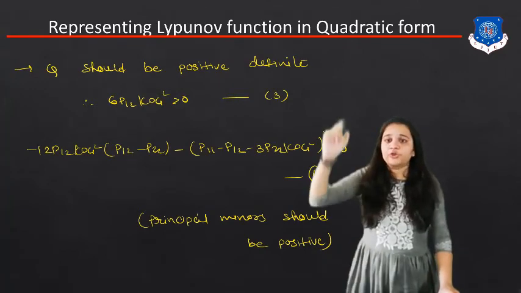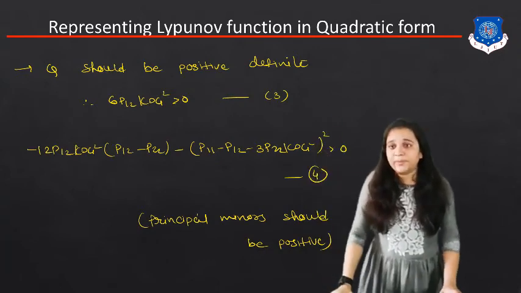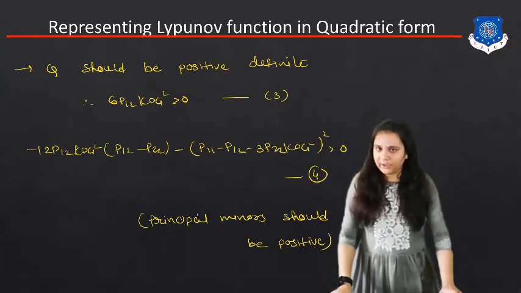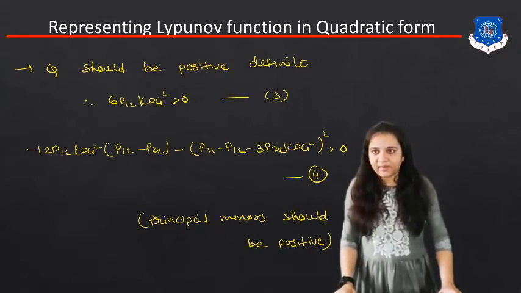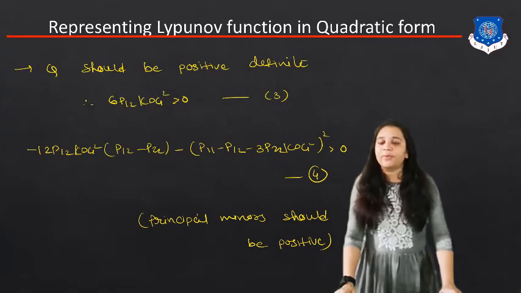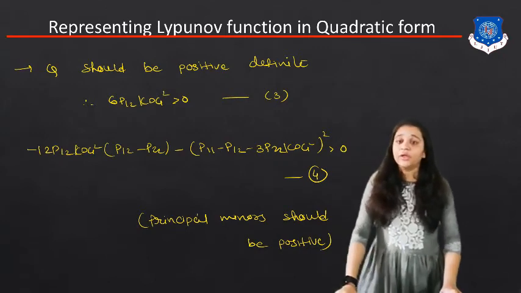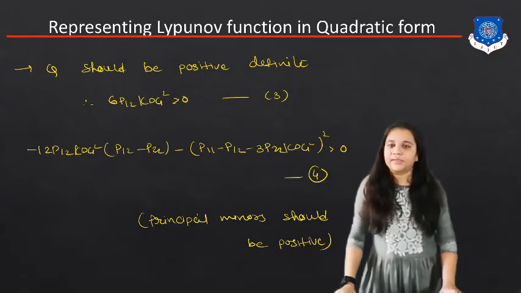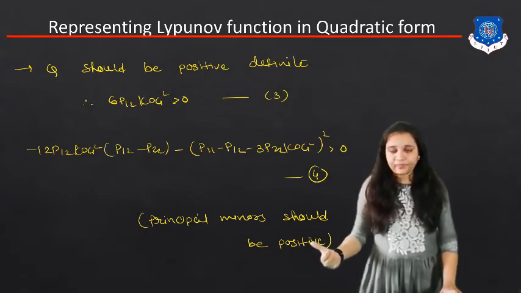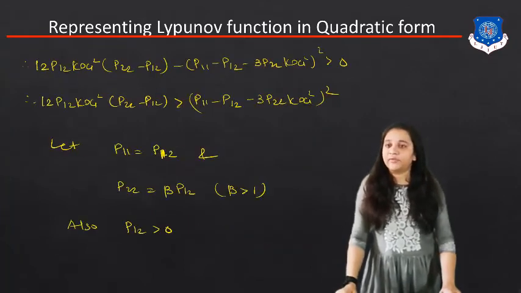Q should be positive definite, so we get 6 P12 k x1 square greater than 0 and minus 12 P12 k x1 square in the bracket P12 minus P22 minus P11 minus P12 minus 3 P22 k x1 square whole square greater than 0. This applies the principle of minors for positive definiteness.